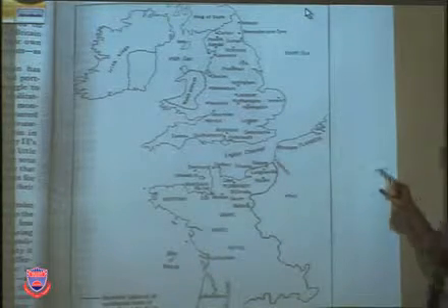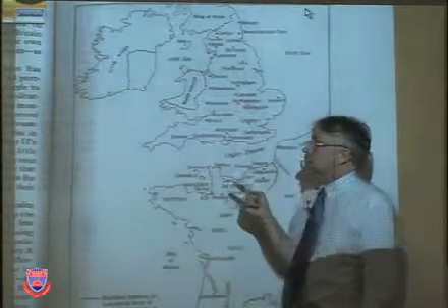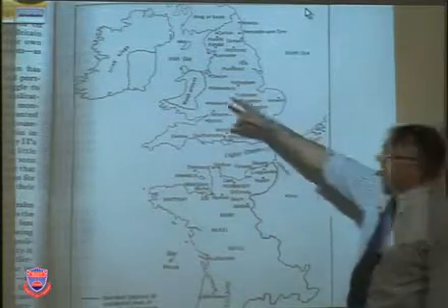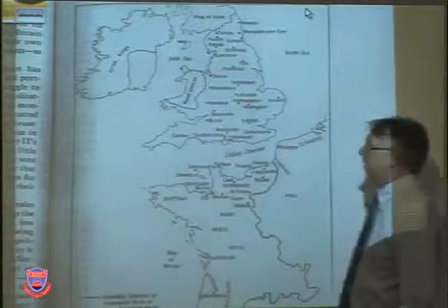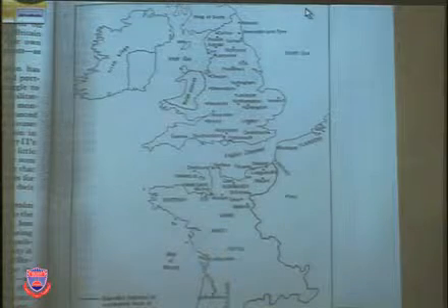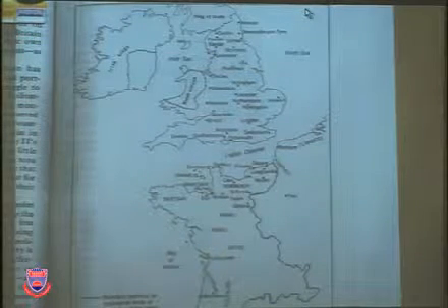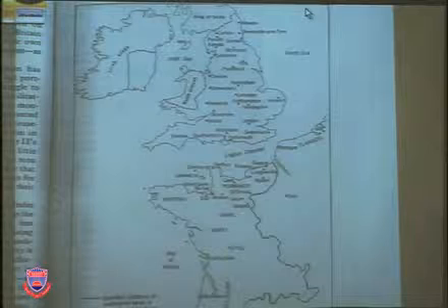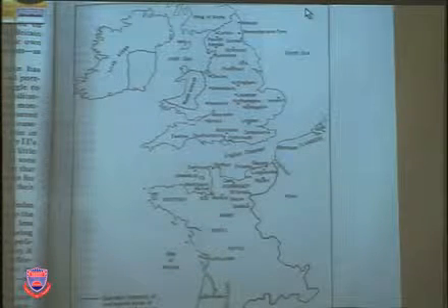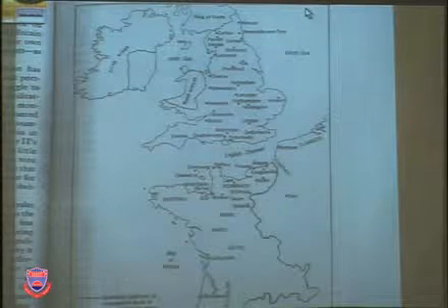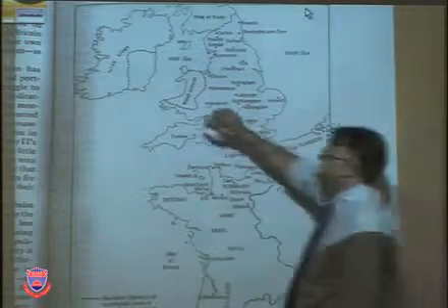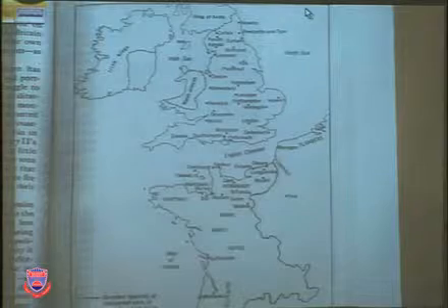Then also under Henry, 1169 and then 1171, we get the beginning of Norman involvement in Ireland as well. Again, partly independent Norman lords, so not the king, but eventually the king gets involved, Henry gets involved as well, and this expands through a series of conquests so that we get an expansion of power.